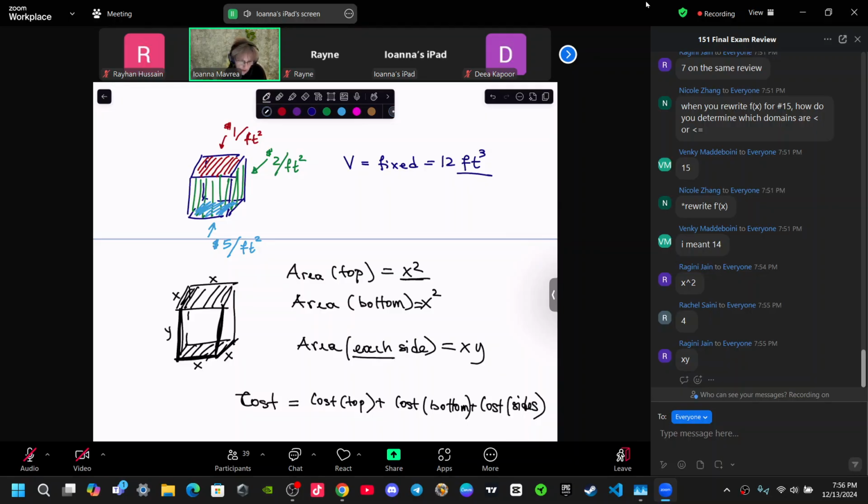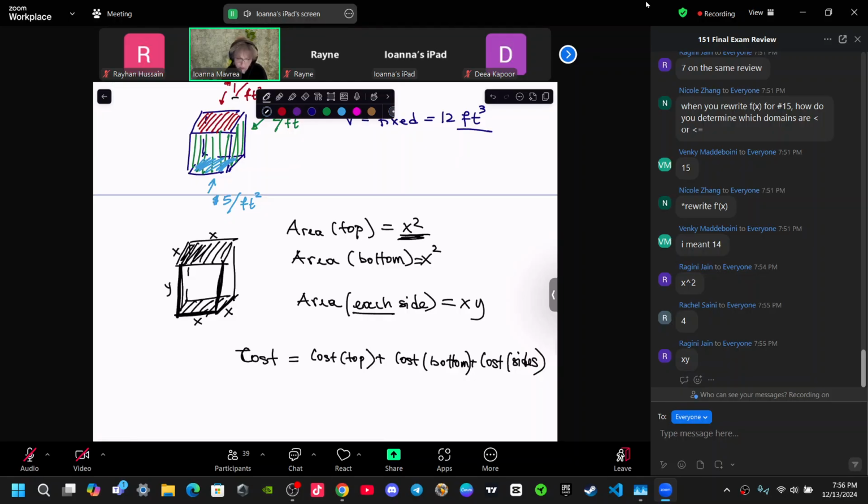Since I know the top cost $1, if that number was 12 square feet, then the top cost $12, right? Because the top costs however many square feet you have times 1.